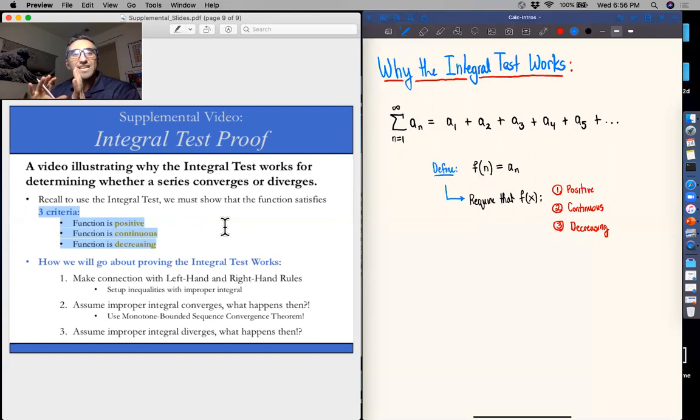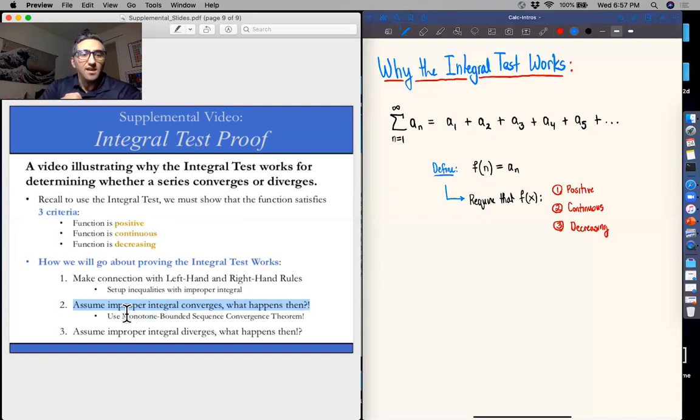So let's just go through the basic steps of what we're going to do. We're going to go through three major steps to prove why the integral test works. The first thing we're going to do is make a connection with the left-hand rule and right-hand rules from integration. The next thing we're going to do is two cases. One case, we're going to assume that the improper integral converges and see what that gives us.